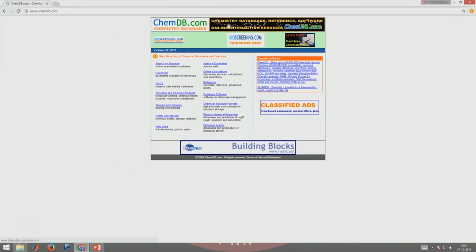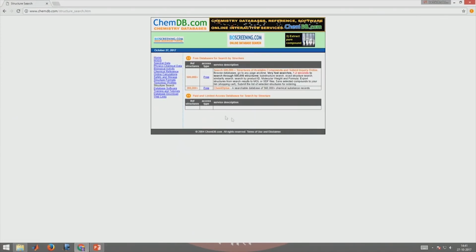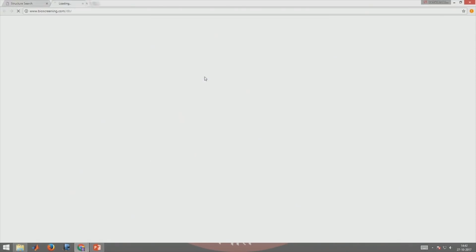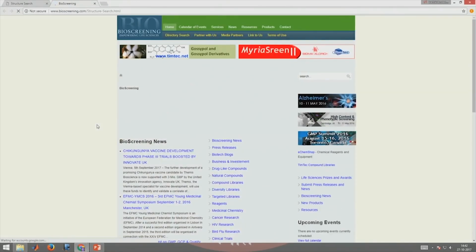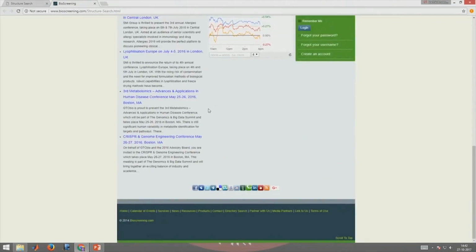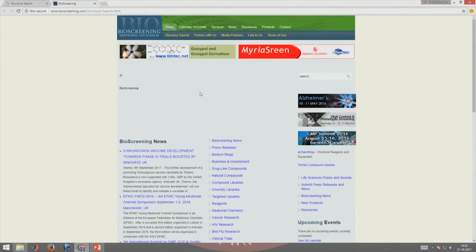So, you can see this is a chemistry database reference. We can search by structure. So, I give the structure, and then we can look at different types of structures, and then we can start looking. This is a bioscreening. So, we can start looking at structure search.